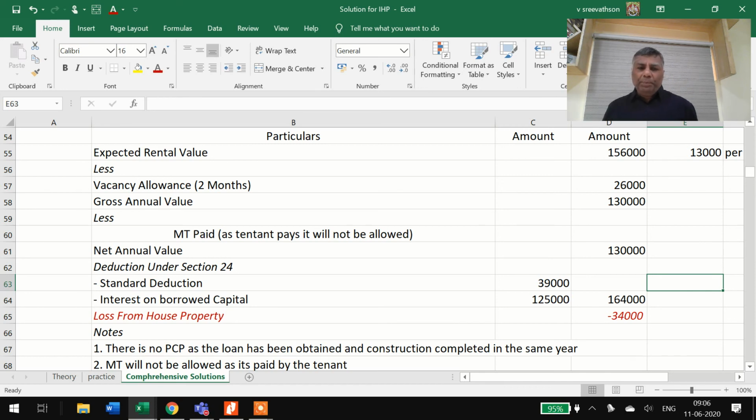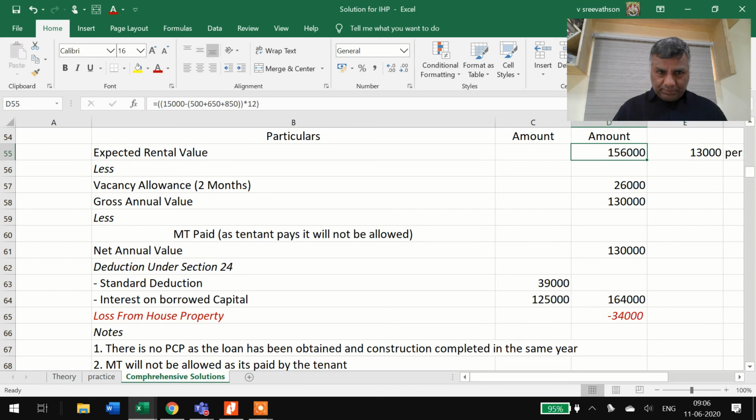The property rent is only 13,000 per month. 2,000 goes towards amenities. So 15,000 minus 500, 650, 850.